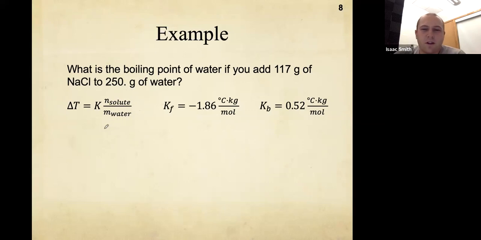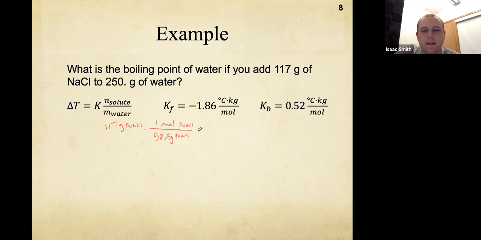To get the moles of solute, we're converting from grams of sodium chloride to moles. We're going to use the molar mass. So you can take 117 grams sodium chloride, and then use the molar mass of sodium chloride over 1 mole.